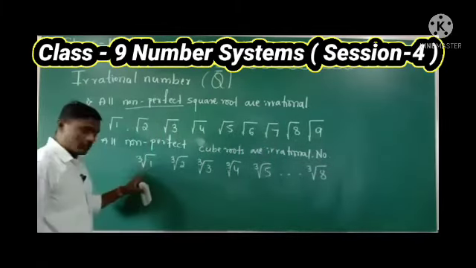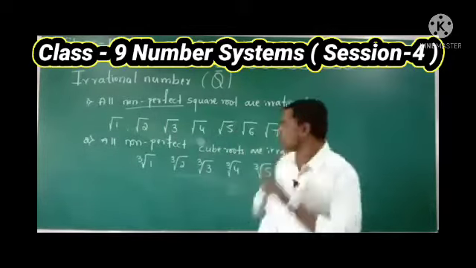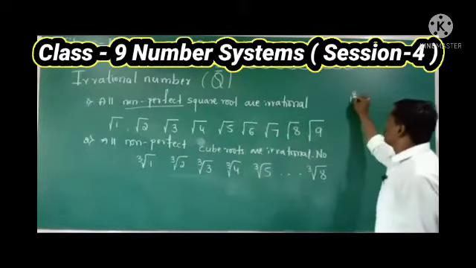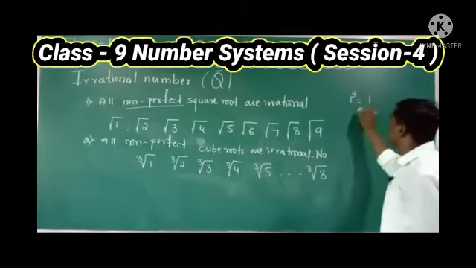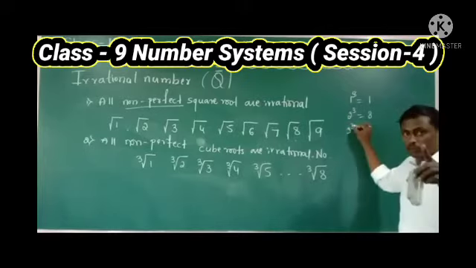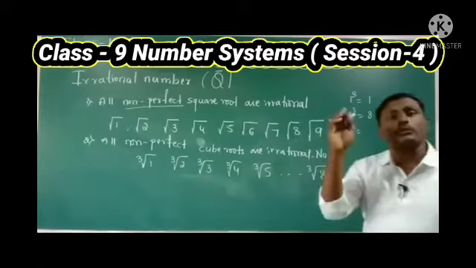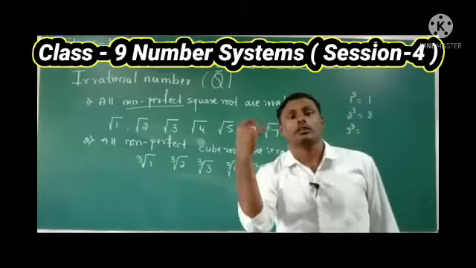Listen here, you already studied in the previous classes square and square roots, cube and cube roots. What is the cube of 1? The cube value is 1. 2 cube value is 8. 3 cube value is, we need to multiply 3 times. Cube means we need to multiply the given number 3 times.